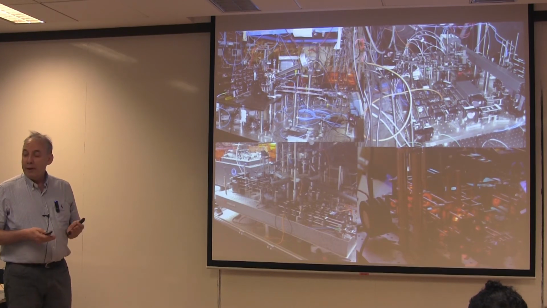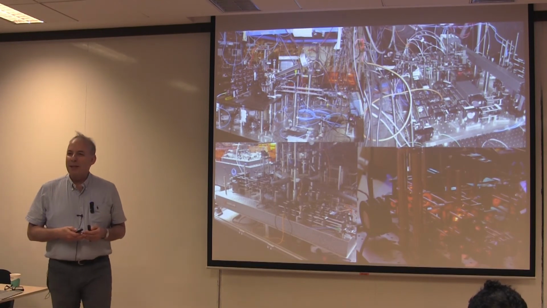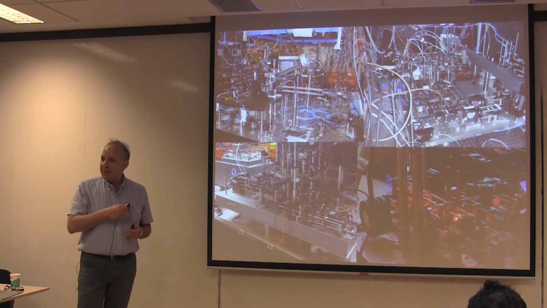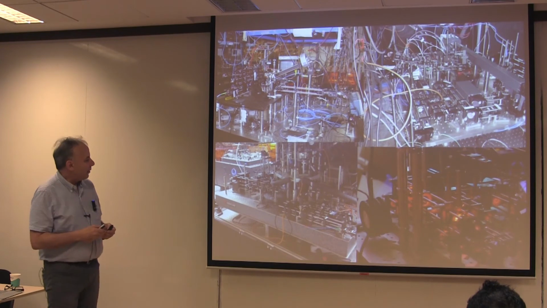Beauty's in the eye of the beholder. When I look at these pictures, I think they look wonderful. When investors come by my lab and talk to me about developing quantum computers, they run away screaming and they say, it looks horrible. How are you going to make that practical and reliable? And that's something we're working on, but not the subject of today's talk.